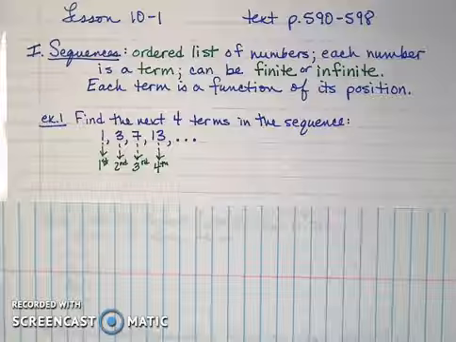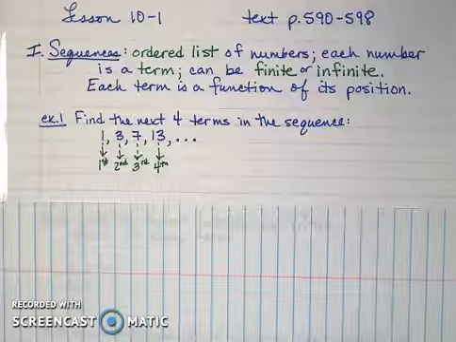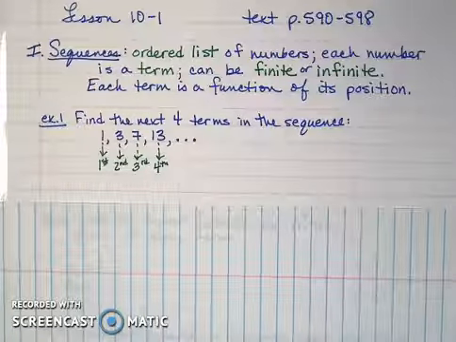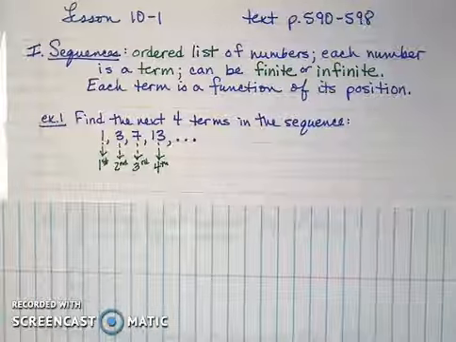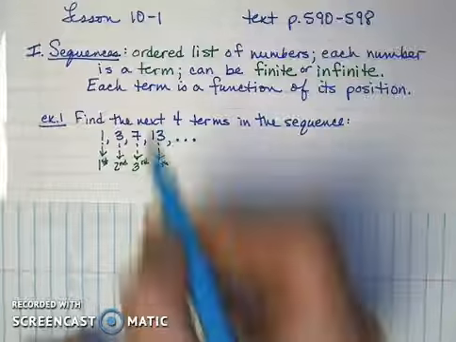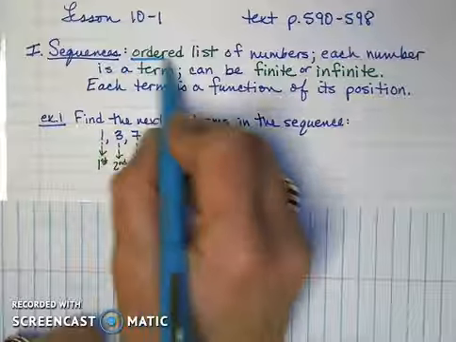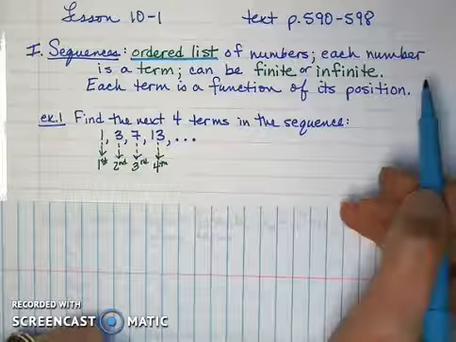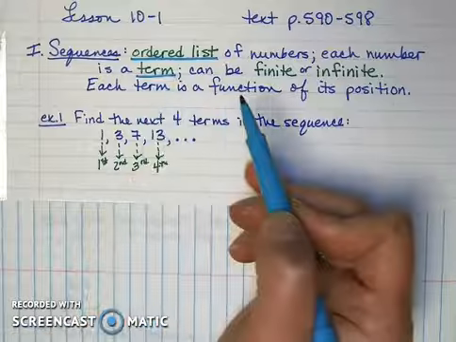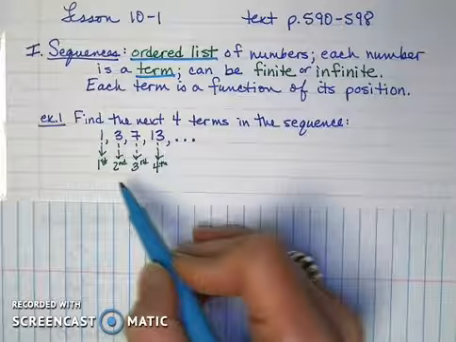A sequence is just an ordered list of numbers, and you have to figure out how they're ordered and what the pattern is. Each number is called a term. So you have the first term, the second term, the third term, and so forth.